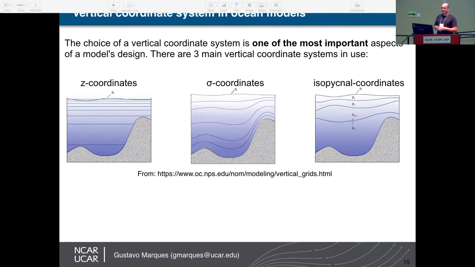But the main downside is that you tend to have a lot of pressure gradient errors near steep topography with this type of coordinate system. And for climate simulations, if you have any spurious mixing, you degrade the solution a lot. Therefore, you rarely see ocean models used for climate simulations written in the so-called sigma coordinate.